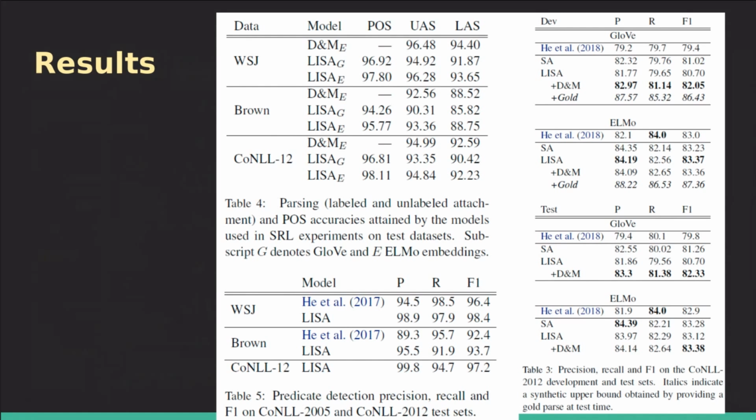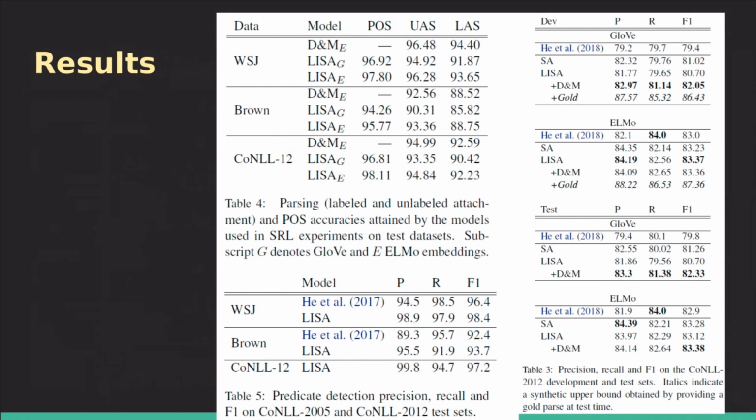Let's go to table 5. Predicate detection, precision, recall, and F1 on CoNLL 2005 and CoNLL 2012 test sets. So this is just part of speech tags. Remember, these are all part of the cost function, and these are all the tasks performed by the model.